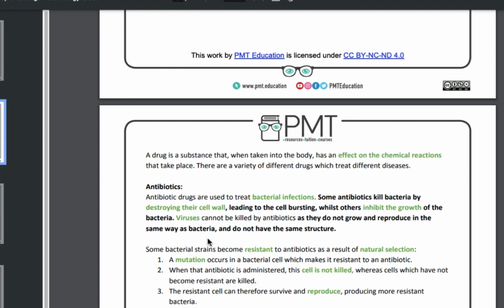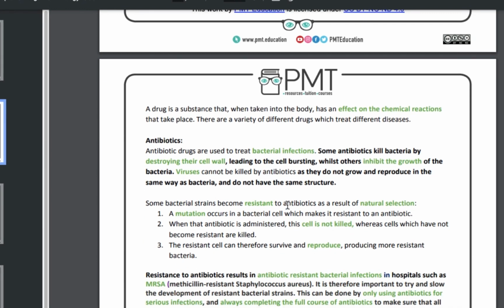Viruses cannot be killed or inhibited by antibiotics, as they do not grow or reproduce in the same way as bacteria, and they do not have the same structure either. So that's why we cannot kill viruses with antibiotics.